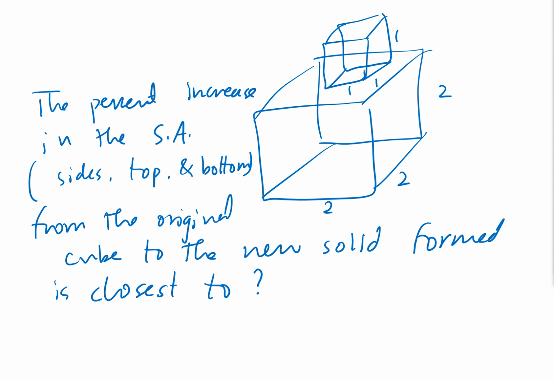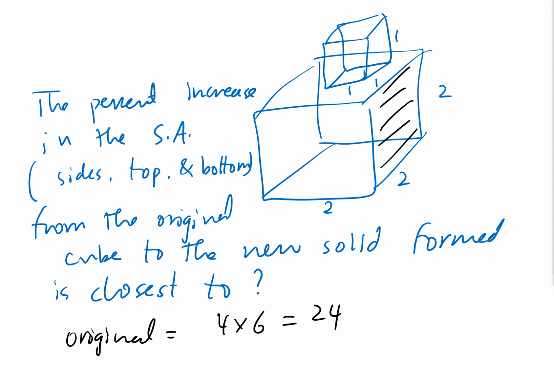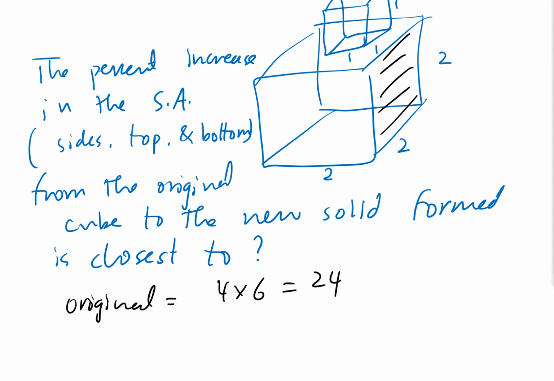So how do we do this? Who's going to tell me? We need to find the percent increase in the surface area. So what was the original surface area? 24. It's one side, which is 2 by 2, 4 times 6. Yeah, good job, 24. That was the one before we glued that on the top.